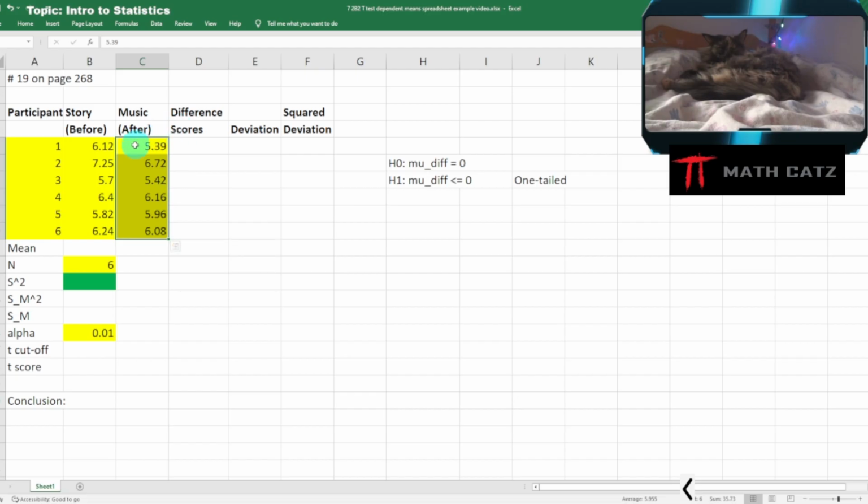Those are our after scores for the same people. Then we're going to calculate our difference scores, as we start with an equal sign because it's a calculation, as after minus before.